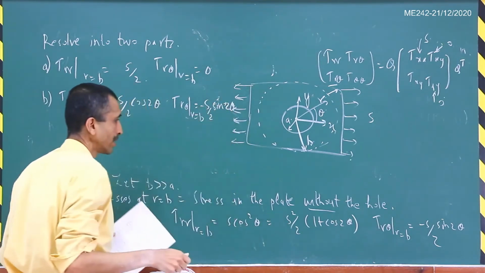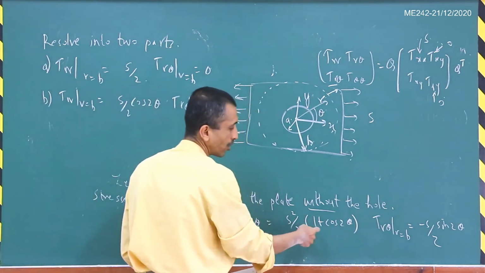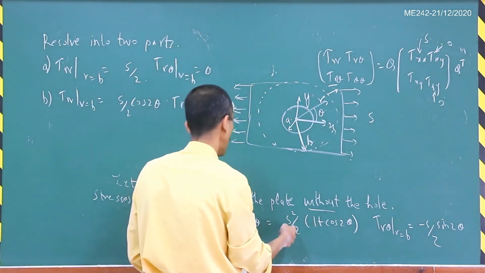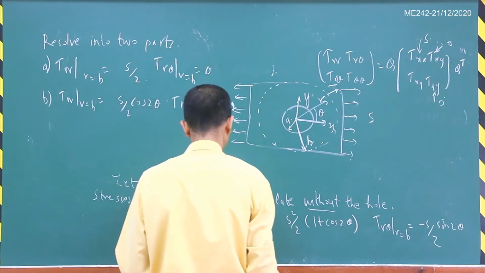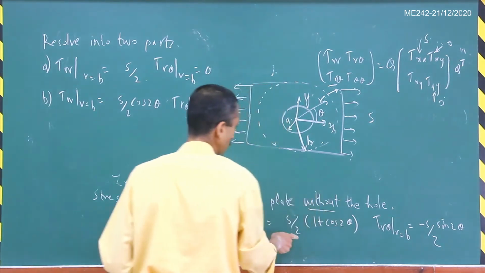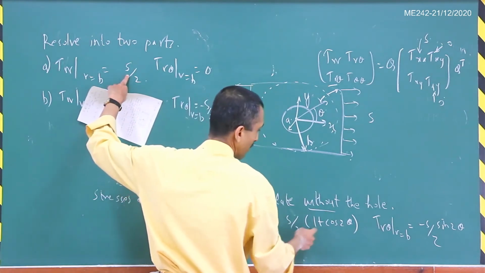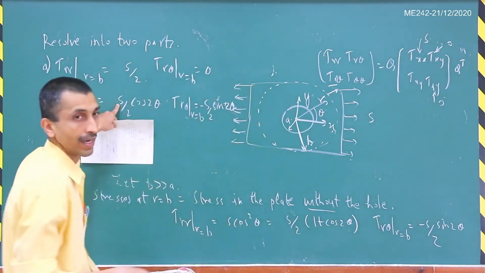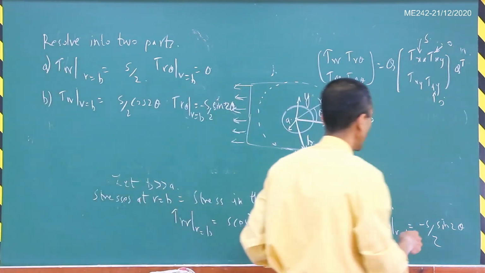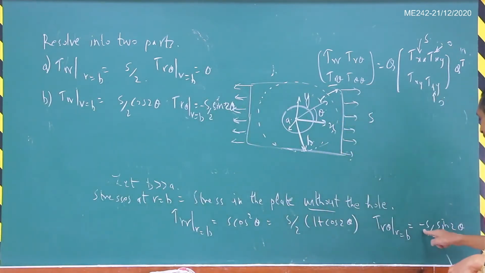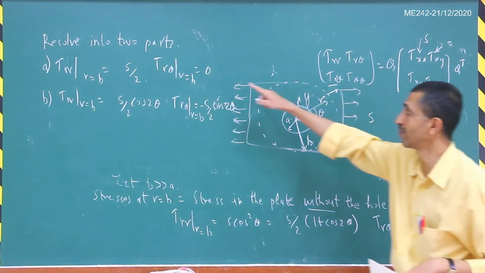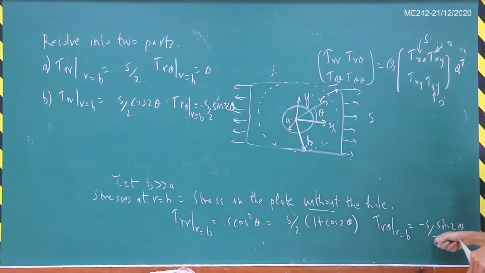So what I have done is split this into two parts. This is the S by 2, that is the first part here, and then the S by 2 cos 2 theta I am writing here. And similarly here, you can think of this as 0 for the first part, and minus S by 2 sine 2 theta for the second.